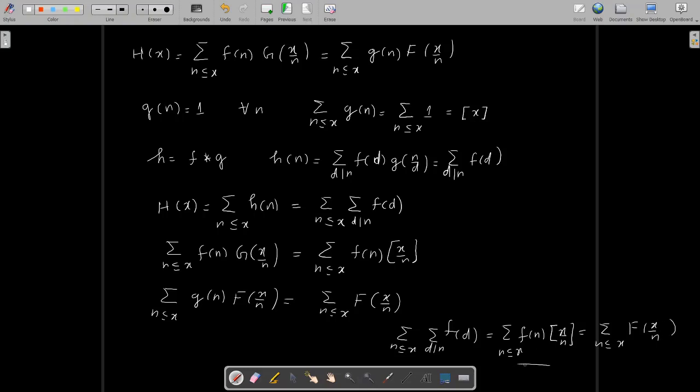So these are a special case of the previous theorem when we replace g by the function g of n equal to 1 for all n. This is section 3.10. Now we can move on to section 3.11.